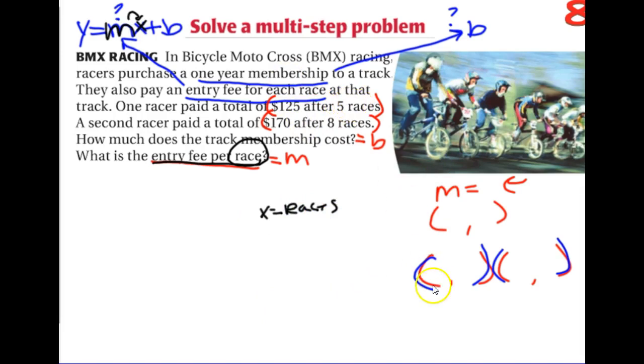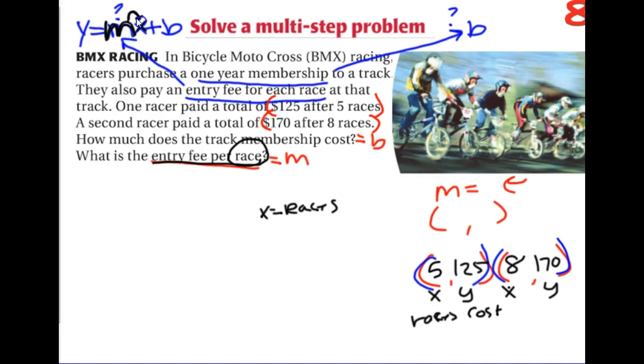So after 5 races, so we just figured out X is our number of races because we're paying the entry fee per race. 5 races would cost a total of $125. 8 races would cost $170. So Y would give us our total cost, which makes sense.